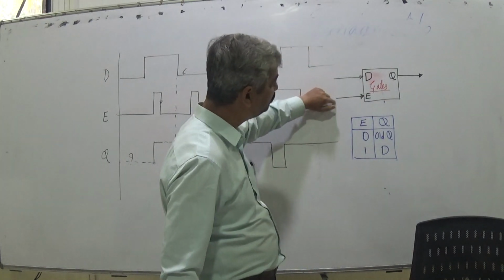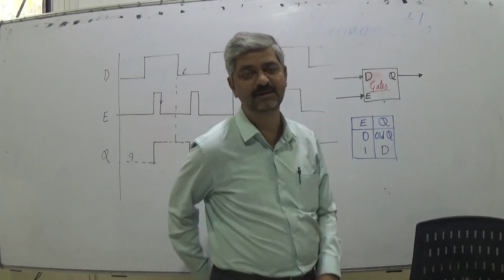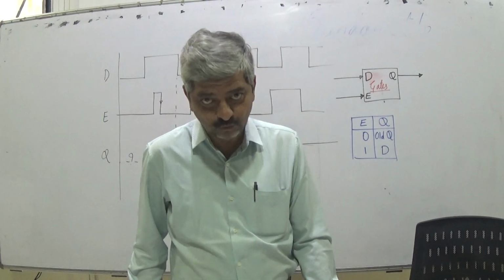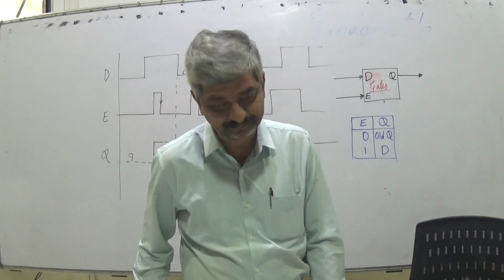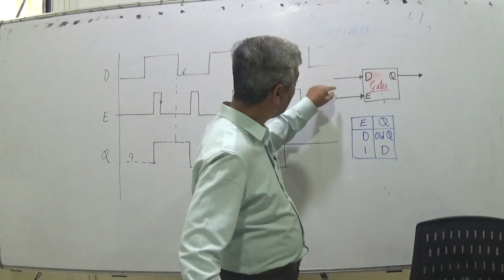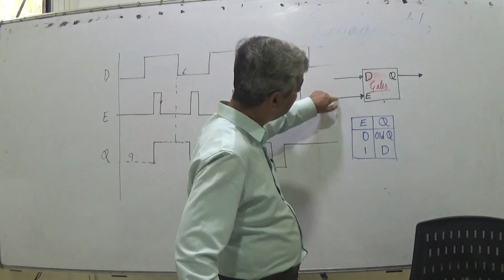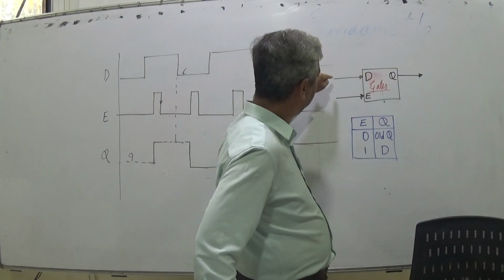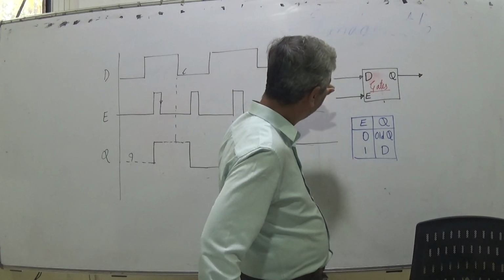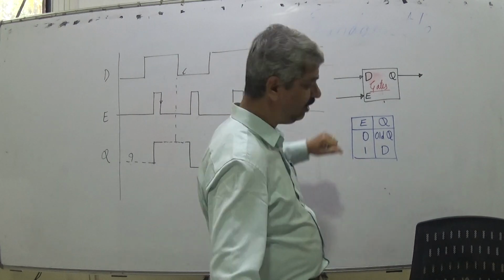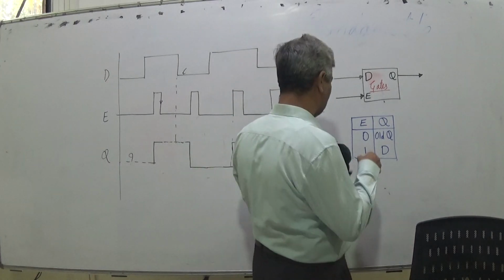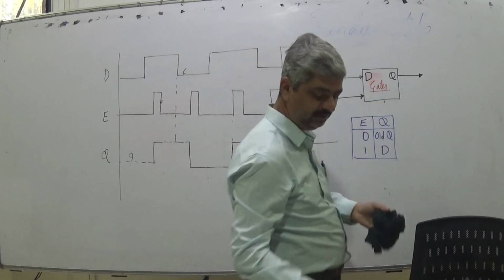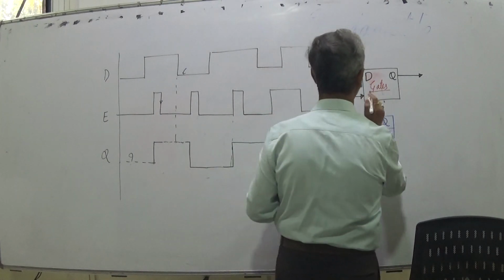It has got two inputs and one output. This D flip-flop has got two inputs and one output. Those two inputs are D and E, and output is Q. This E is latching enable, or to be very precise, instead of E, we better call it latch enable.